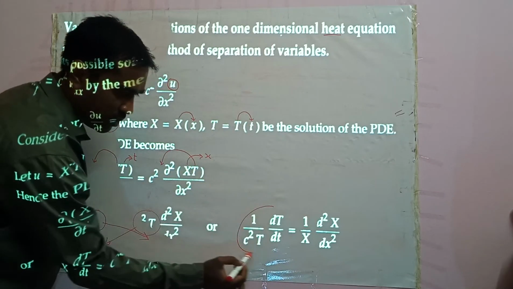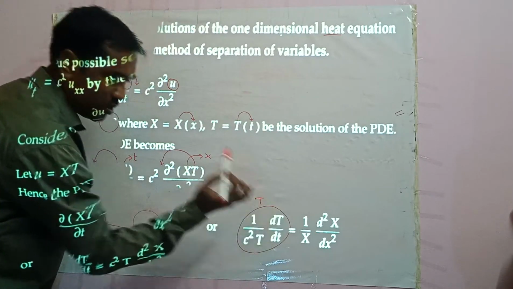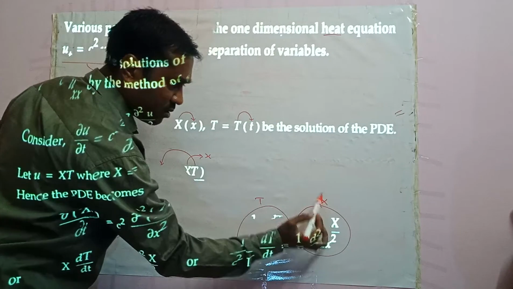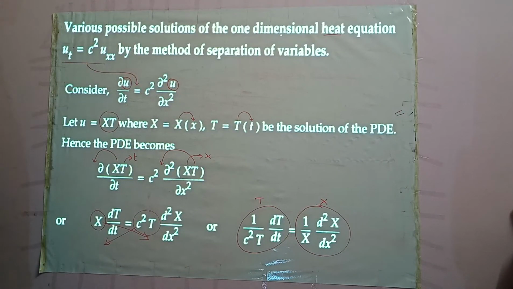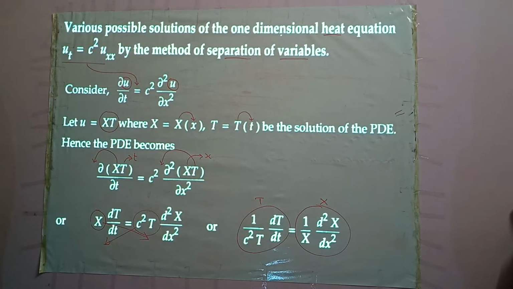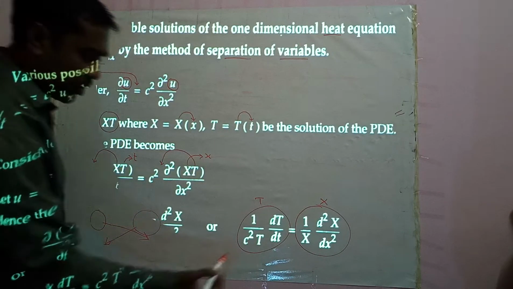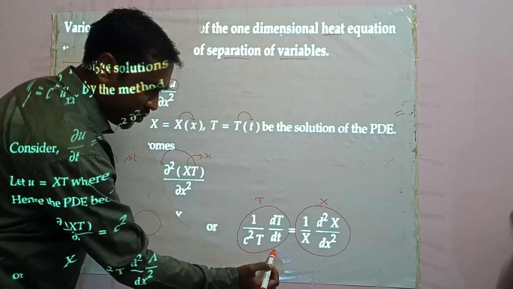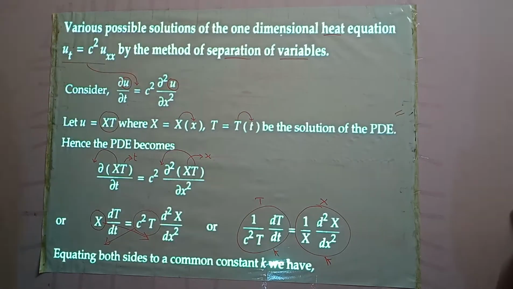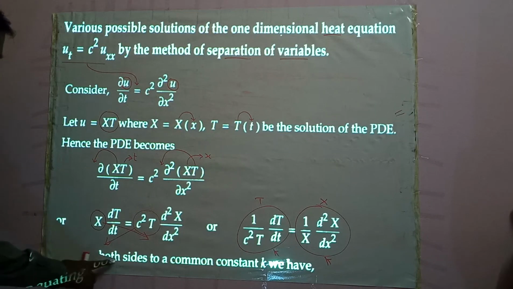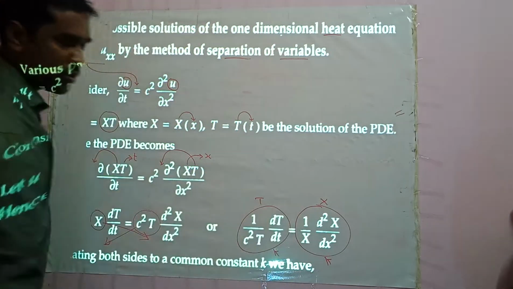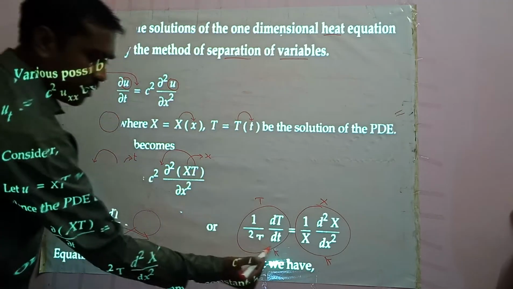So this is completely in terms of t, and this is completely in terms of x. This is nothing but separation of variables. As usual, we equate both sides to a common constant k.